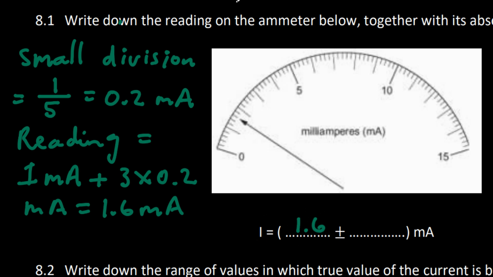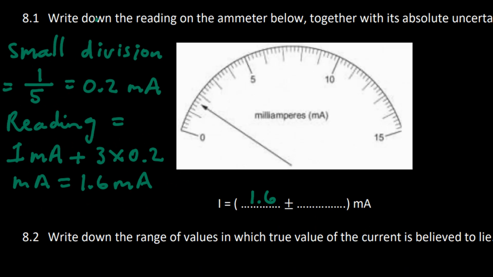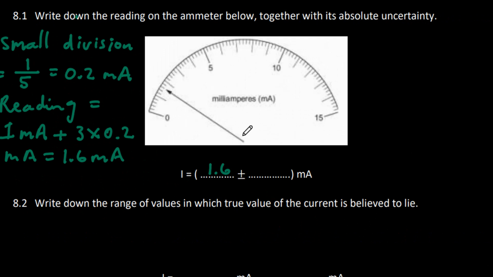Now we have to find the absolute uncertainty. So let's do that. Now the question is, how do we get the absolute uncertainty? The absolute uncertainty on an analog instrument will always be half the smallest division. And we know that the smallest division is 0.2 milliamps.